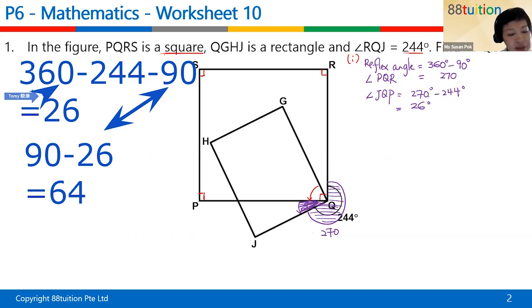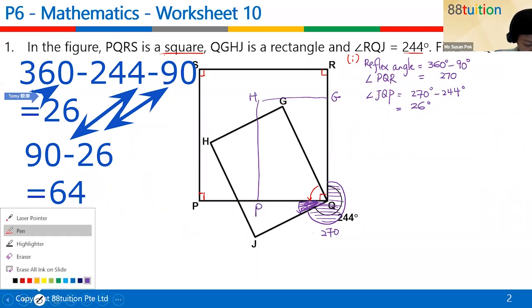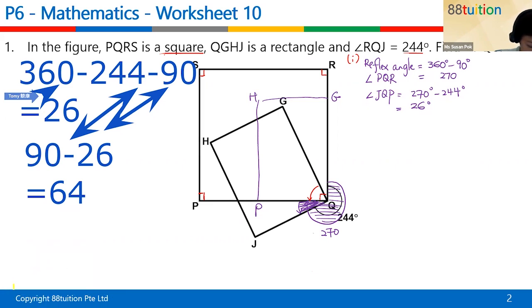Now, Tommy has another way of doing, a shorter way. Can also. All right, no big issues about that. Now, I want to ask you something. If I shift the whole rectangle back, then the whole rectangle will be like that, right? Like H, then G here, then P here. Then this will form a rectangle. Am I right to say that? I'm going to change this to highlighter purple here.